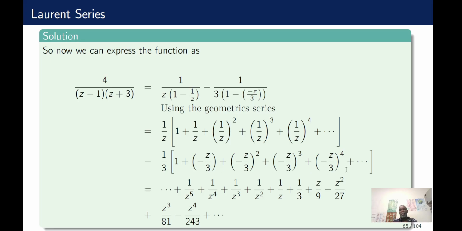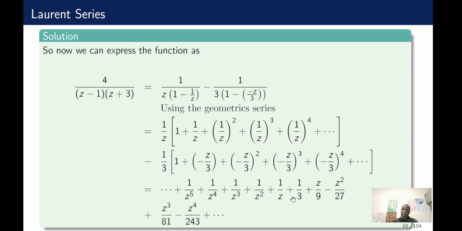I've written both cases up to the power 4. So you can actually look at what we have here. The first one is 1 over z, then 1 over z squared. The first series will generate an infinite number of terms, which are negative.